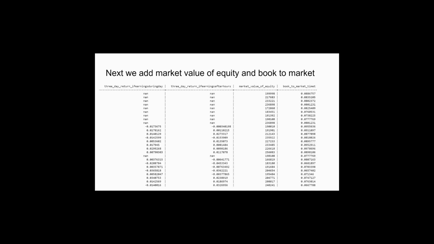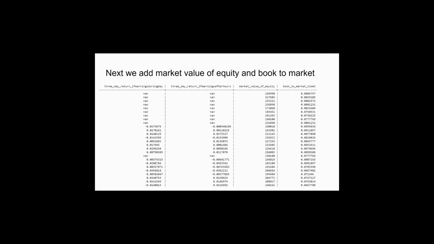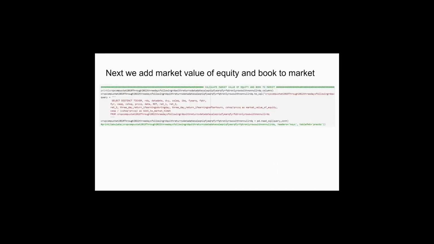And so we want to merge that back in, so we merge market value of equity and book to market into our data. This is our data, and as you can see, we still have the 3-day return data, and now we also have market value of equity and book to market.